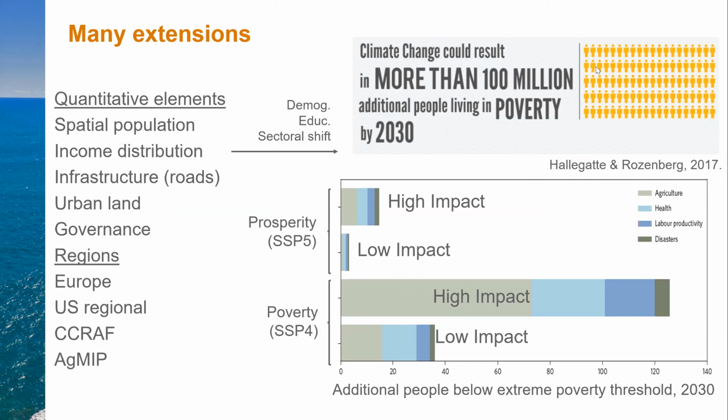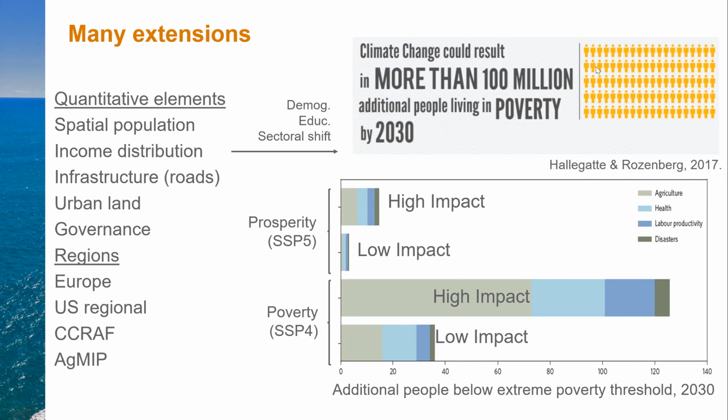So in this prosperity or fast economic growth SSP, the number of people driven into poverty is quite low. It's less than 20 million in either the high or low climate change impact scenario.